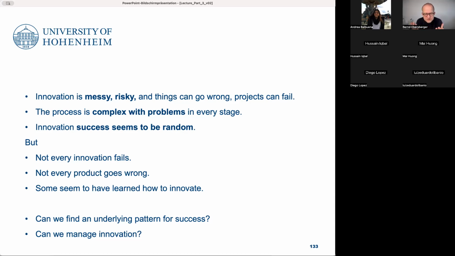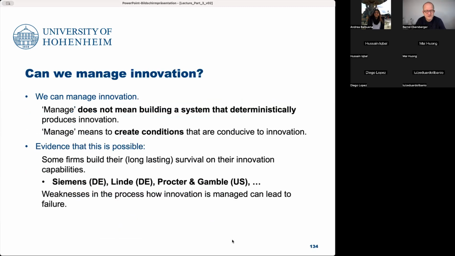What we need to do is find an underlying pattern for success. We can't guarantee success, but we can make success a little bit more likely. So the idea is innovation management doesn't guarantee success, but it makes success more likely. And I think that this is even helpful.